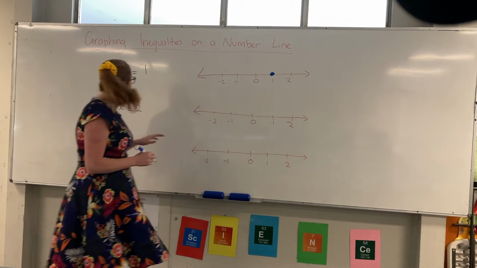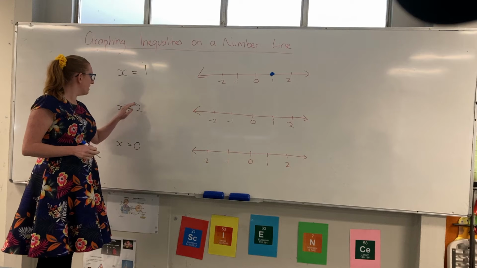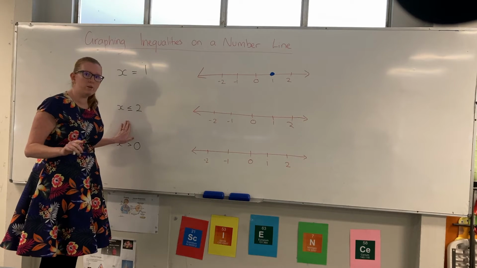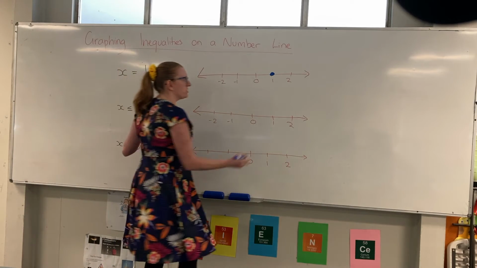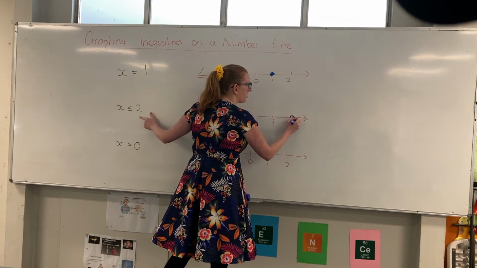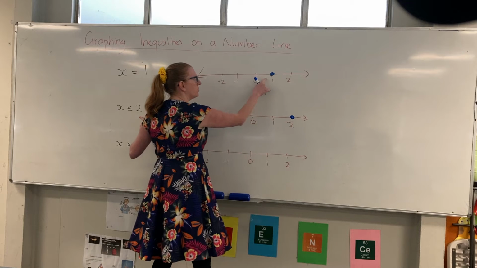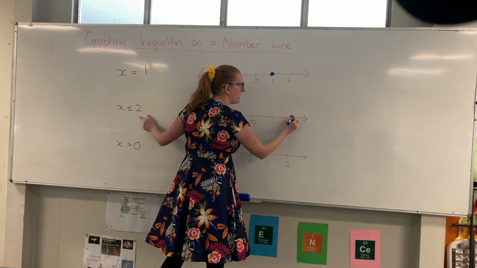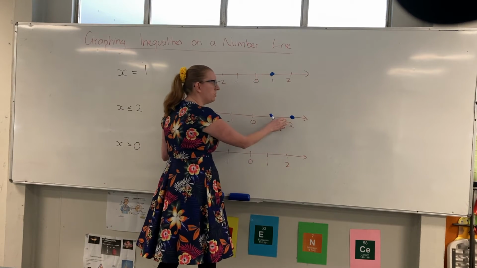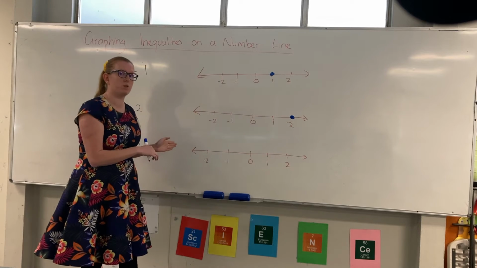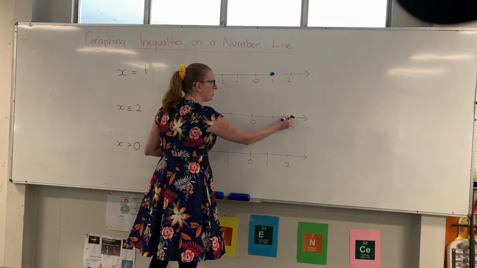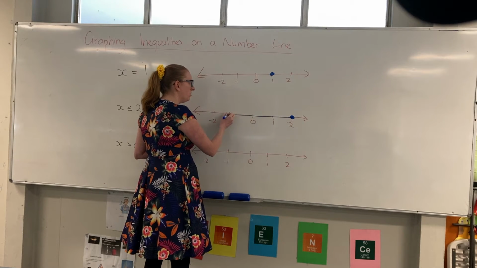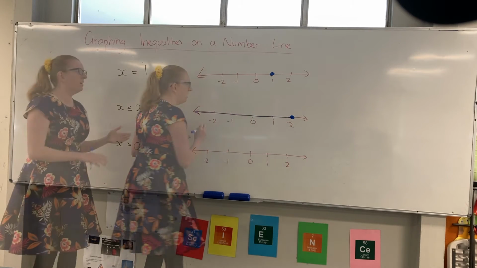Simple. Now here I've got x is less than or equal to the number 2. So what I'm going to do is draw a circle and colour it in just like I did when x was equal to 1, because x here is equal to 2 or less than 2. So now in order to represent the less than 2 part, I'm going to draw an arrow all the way down to this end.